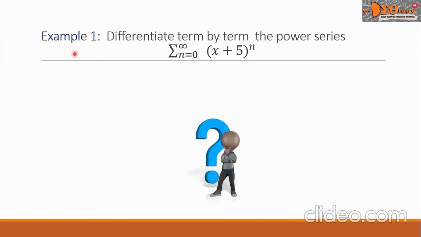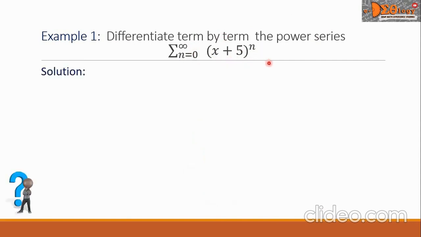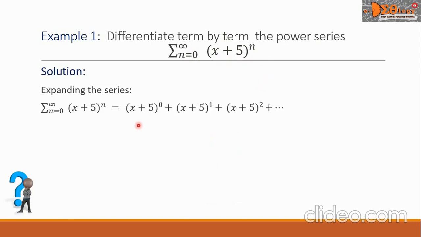Let us see example 1. Differentiate term by term the power series, summation from n equals 0 up to infinity of the quantity x plus 5 is raised to n. Let us expand the series and we will write like this.